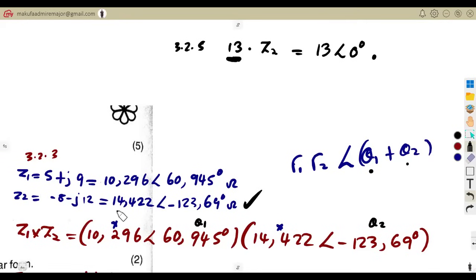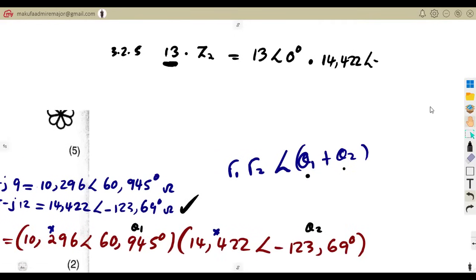Remember, our Z2 is already in polar form. That was 14.422 at an angle of minus 123.69. So that is the concept when you are given just a number there. You know that the angle is 0. So we talked about the product, R1 and R2. That is 13 and 14.422. You multiply these two.